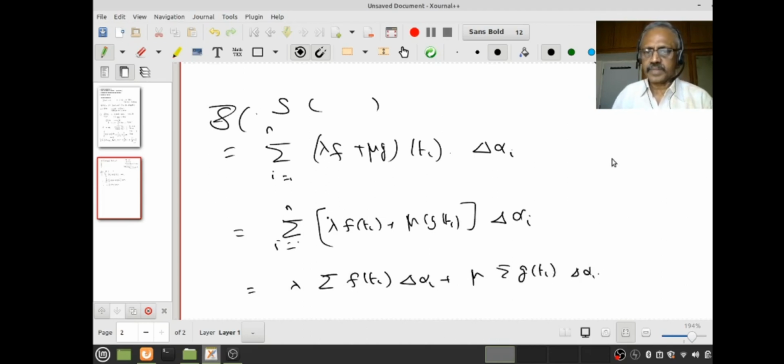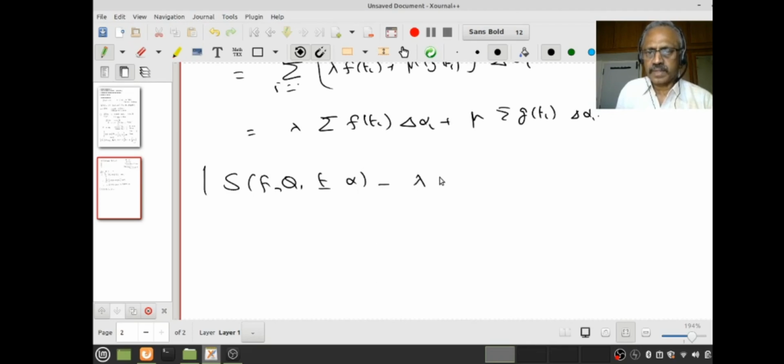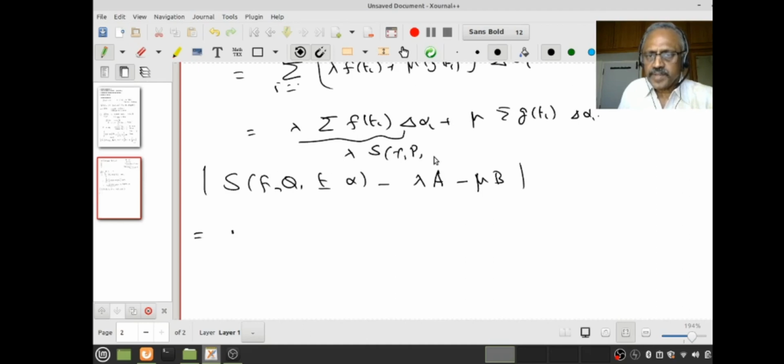Therefore modulus of S of lambda f plus mu g, Q, T, alpha minus lambda, let me call the integral as a, minus mu b. You know what a and b are. I don't want to write it out, so that it will save my time. This is the same as, but what is this object? This is lambda times S of f, Q, T, alpha.